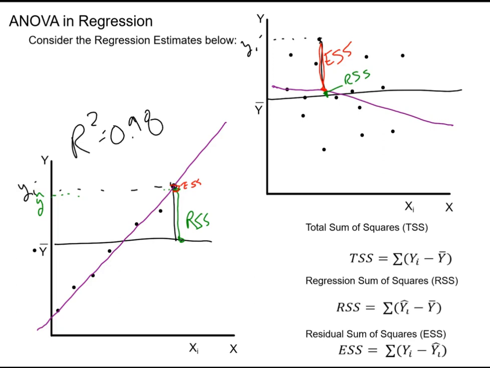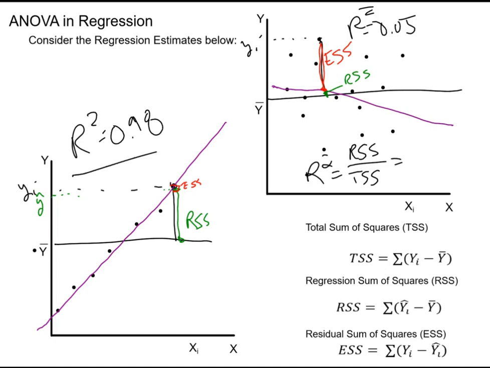Remember that another way that we can calculate the R squared is the regression sum of squares divided by the total sum of squares. This has an R squared of maybe 0.05 or something like that, right? Almost all of the variation in whatever I'm measuring vertically here is not being captured by the model. It's being driven by something else.